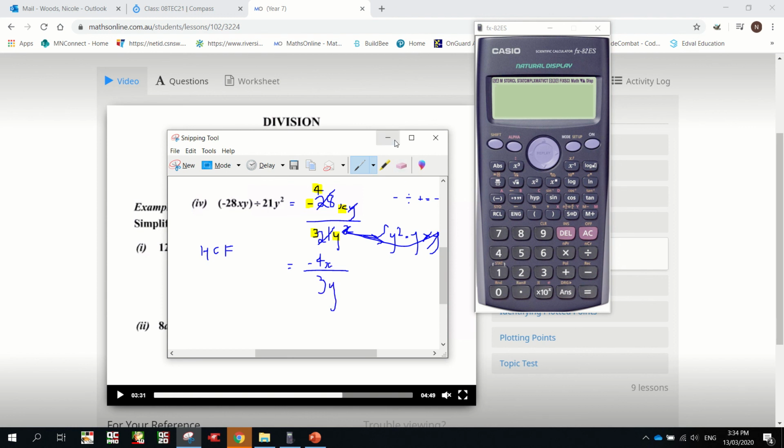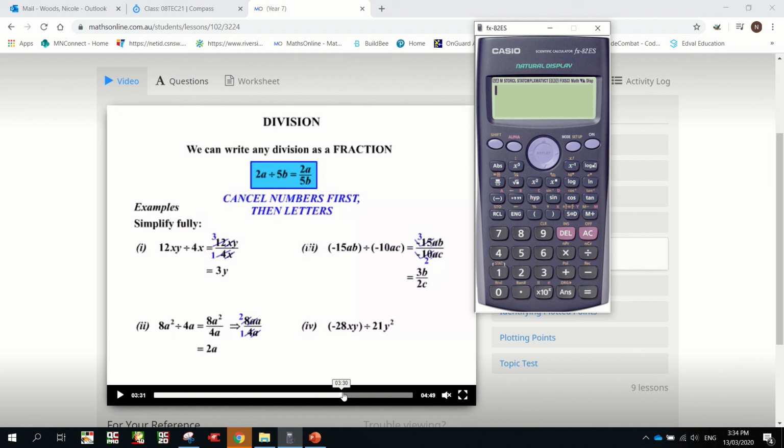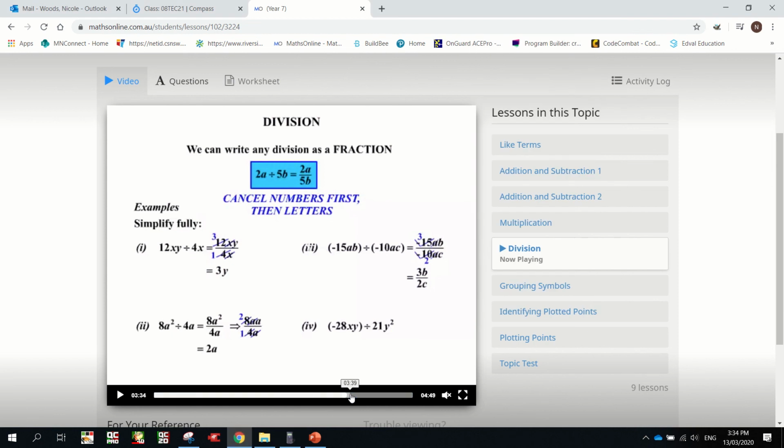Let's see how we went. Good so far? Good. So that's what we said, we'd end up with a negative. Okay, he's found his highest common factor is 7.